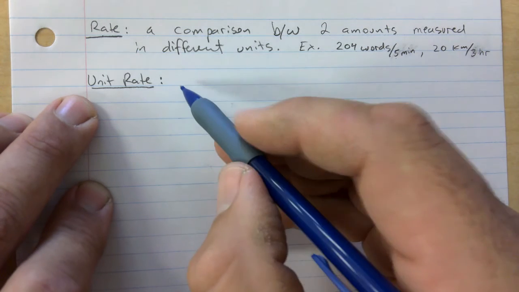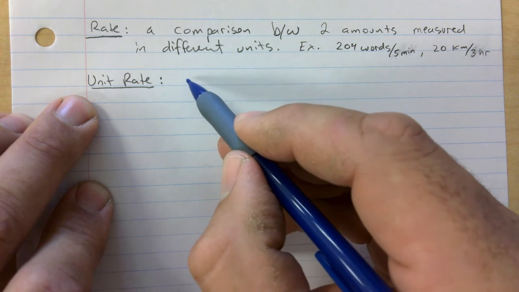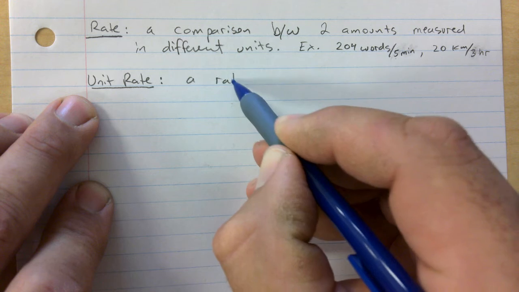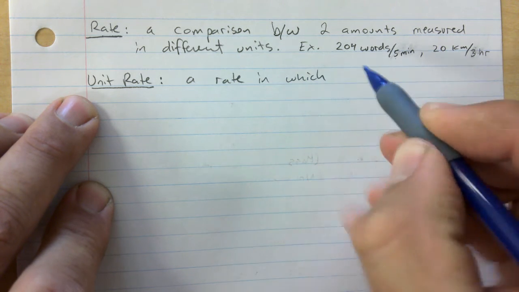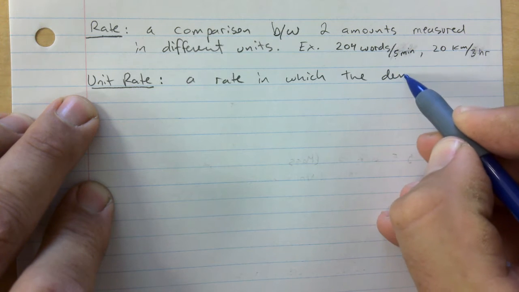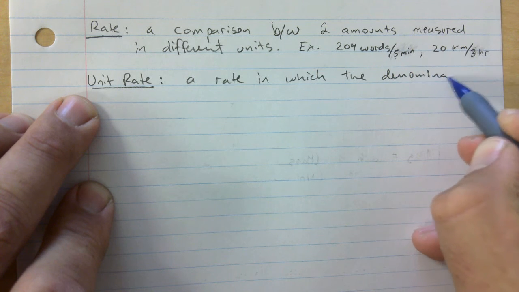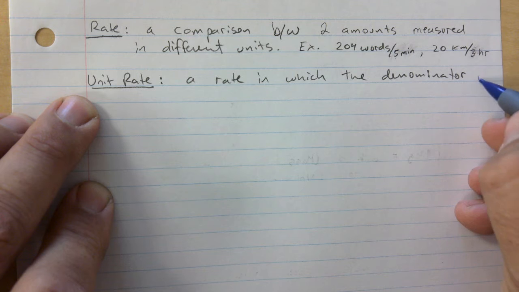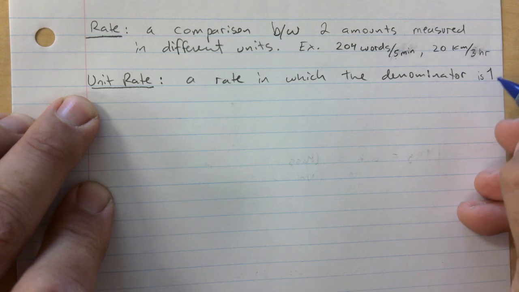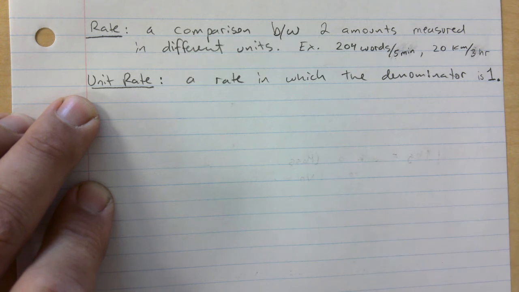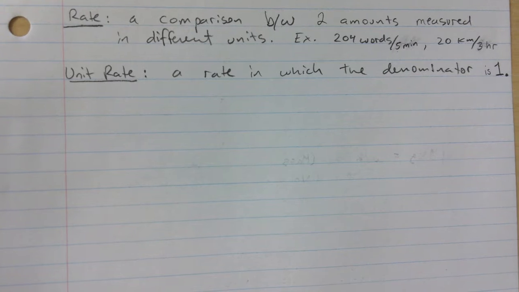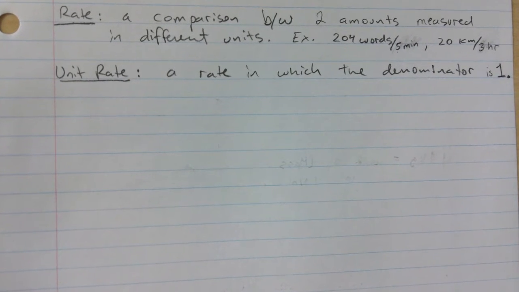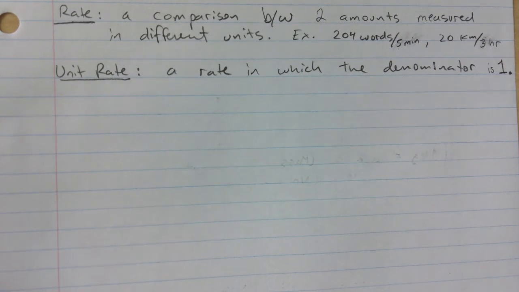Okay. Unit rate, a rate in which the denominator is 1. Is that better? Okay.